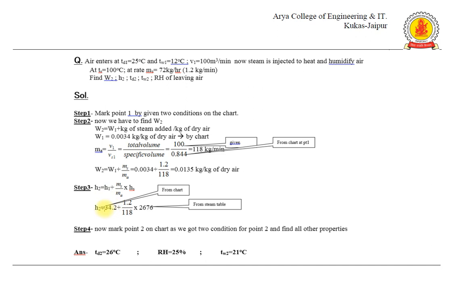This H1 we will get from the chart. This we will get from the steam table, HS. Now we have got everything for point 2. Then we will mark point 2 on the chart by the given two conditions, and we will find all the other properties, dry bulb, RH and TW2.